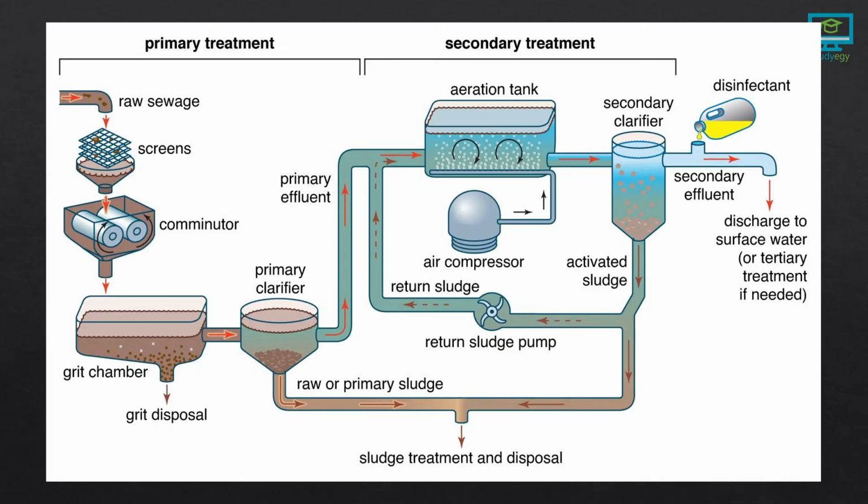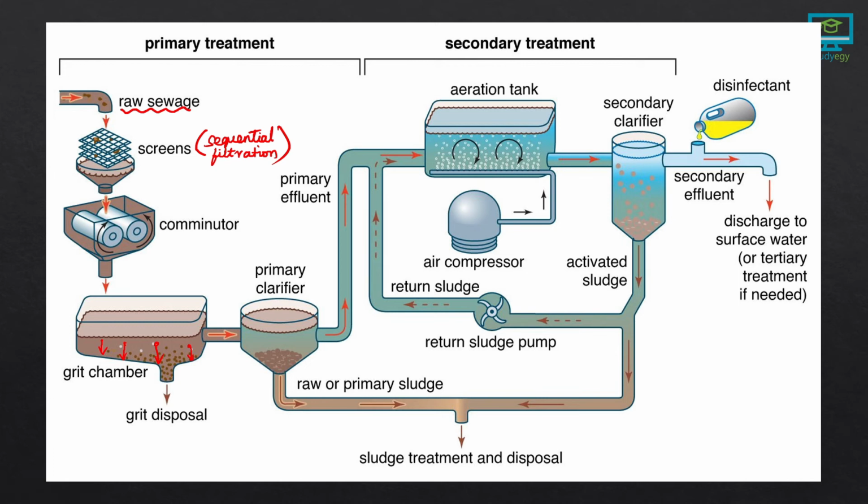Now if we had to summarize the whole sewage treatment plant in a single diagram, we could do this. First, the raw sewage comes through the pipes, that is the inlet. Here it undergoes two types of filtration. We use screens, that is sequential filtration, through which floating debris is removed.